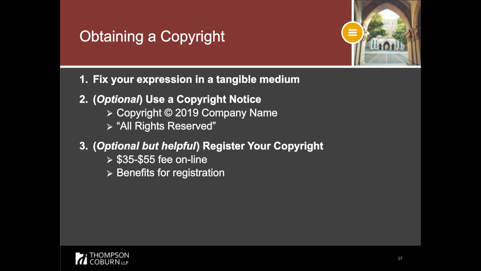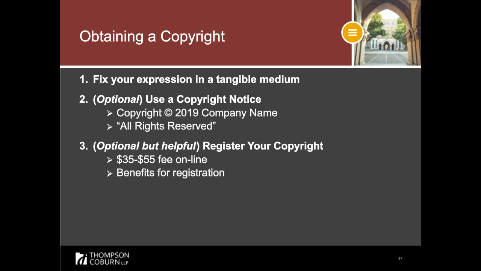There is also a copyright registration process that can be accomplished online. The fees for the Copyright Office are relatively low. The forms are actually relatively simple, assuming you are able to collect the information you need, which is along the lines of the owner of the copyright, how that owner obtained rights if it was somebody other than the author of the work, the title of the work, and information about the publication of the work and where the author is located or resides.